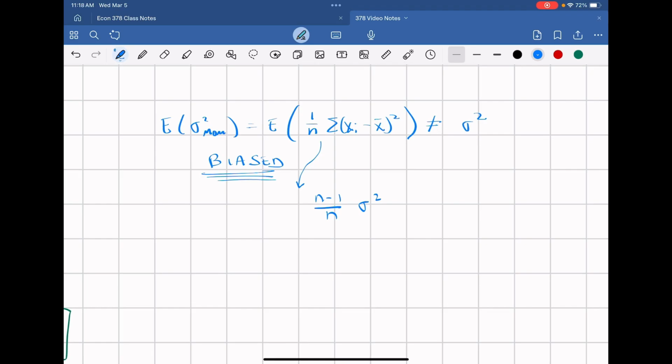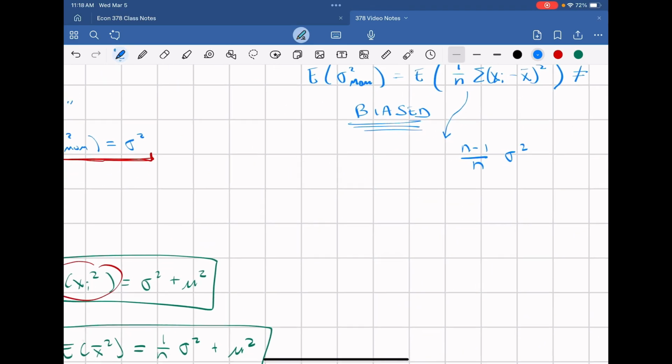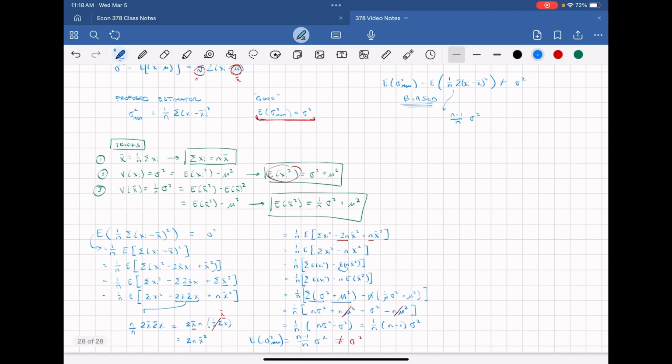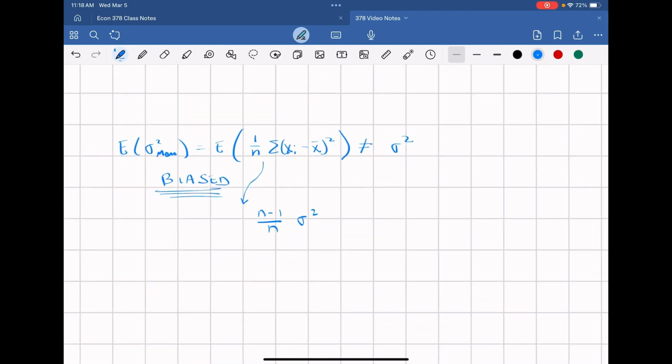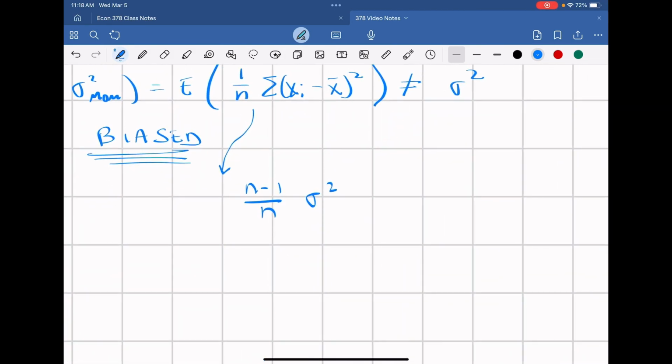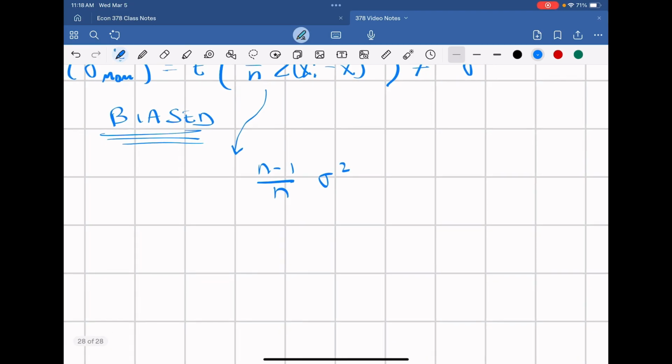Well, what if we were to come up with something a little closer to what we had? And so what if instead we were to let s squared equal n over n minus 1 sigma squared MoM.